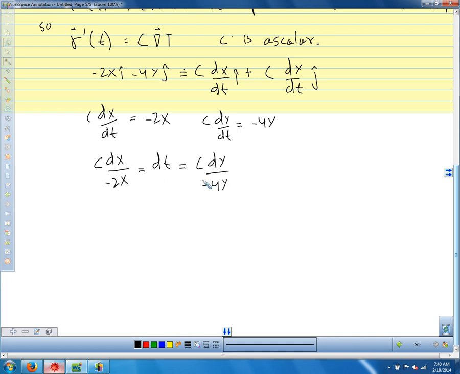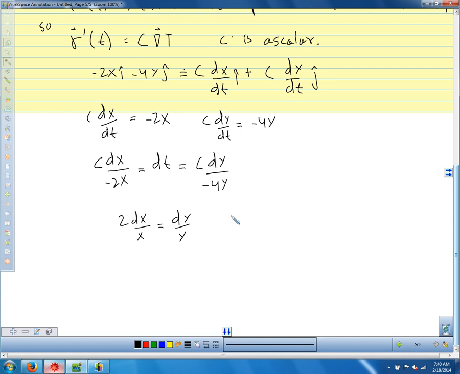Both of these equal dt, so I get 2 dx over x equals dy over y. Just multiplied both sides by negative 4.